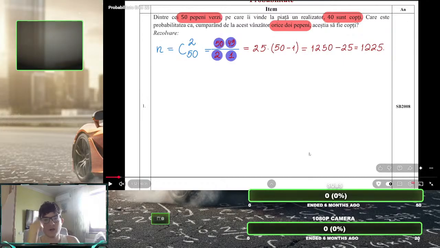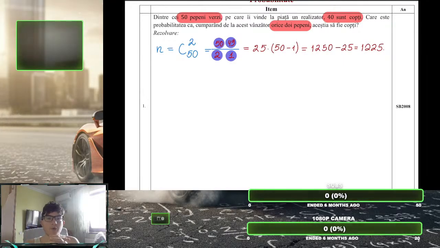Right. Now, let's calculate the m, which is obviously harder. So, to calculate the m, just pop 2 circles representing the 2 watermelons we're taking.